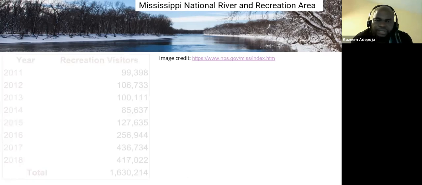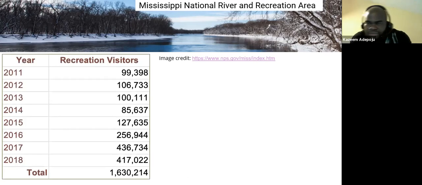But today, because this is a recreation area, we collected a data set based on the number of visitors that visited this area. And because we are in a world of variation, we don't expect the same number of visitors to visit in different years.